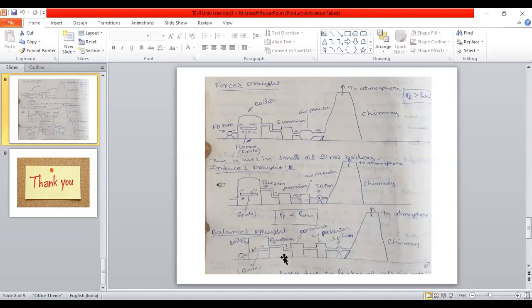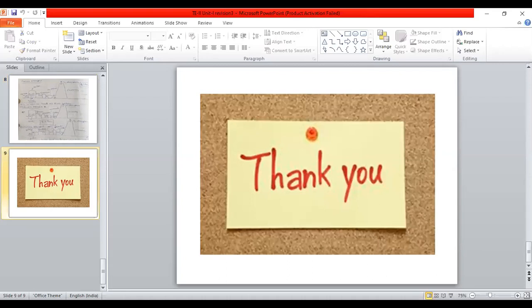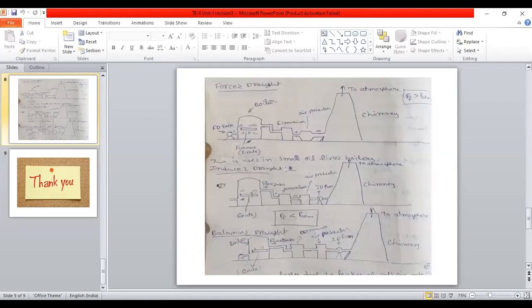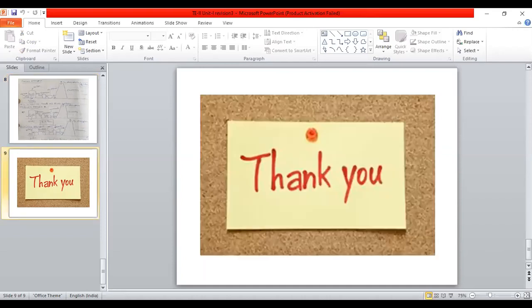So this is the balanced draught. These are the main differences between forced draught, induced draught, and balanced draught. Thank you, one and all.